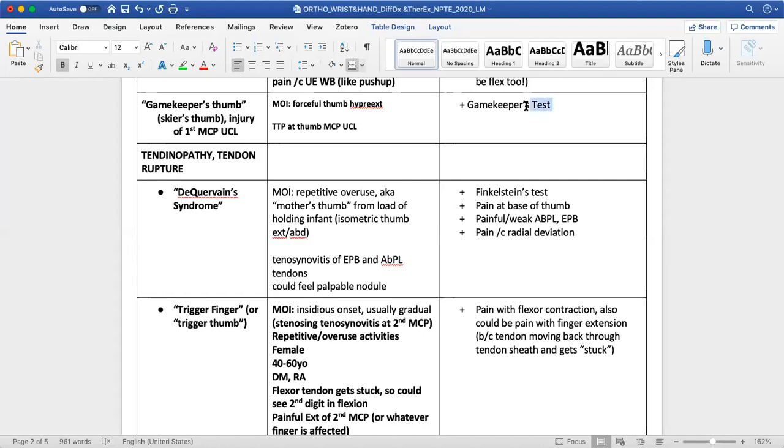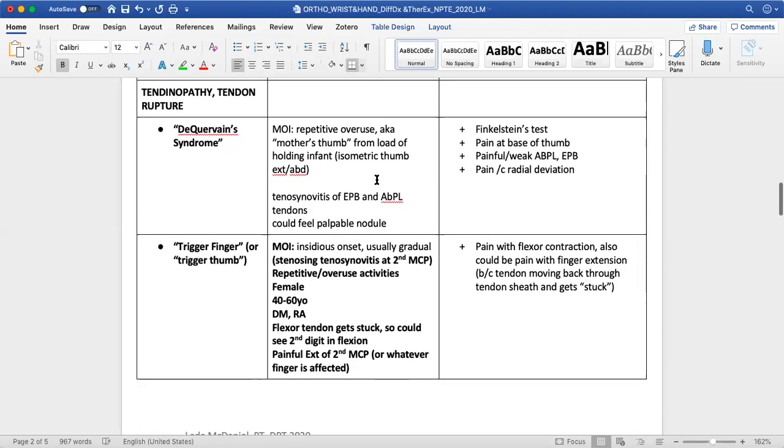But positive findings are going to be a positive gamekeeper's test, which is, as you might expect, you're creating a valgus force at that joint to try to stress that ligament. The other thing is you'll likely have tenderness to palpation at the first MCP at the UCL. So that's kind of what you're expecting. And then the mechanism is pretty characteristic, so that's going to clue you in.